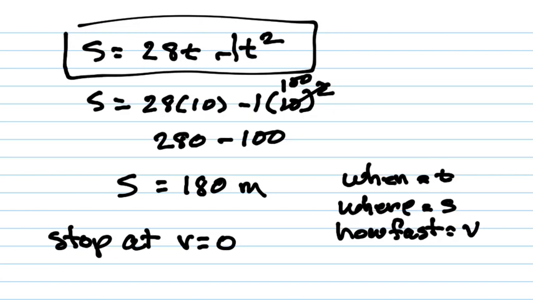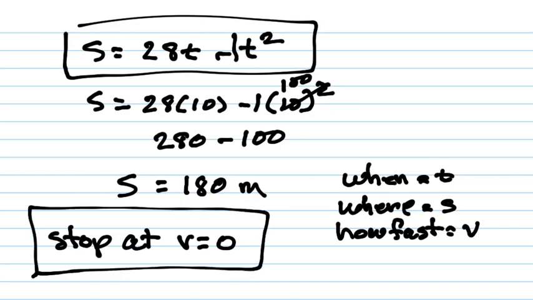What are you not doing? So what's 0? There you go. So you go back to the velocity formula, because you still moved, right? So it can't be the S formula. You're looking for time, so it's got to have time in it, but don't they both have time in them? So you're just asking when it stopped. So that's velocity. So 0 equals 28 minus 2t. Going back to the velocity. Sorry about that. I misspoke.